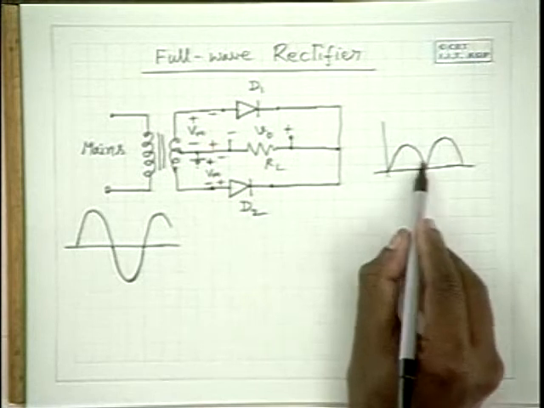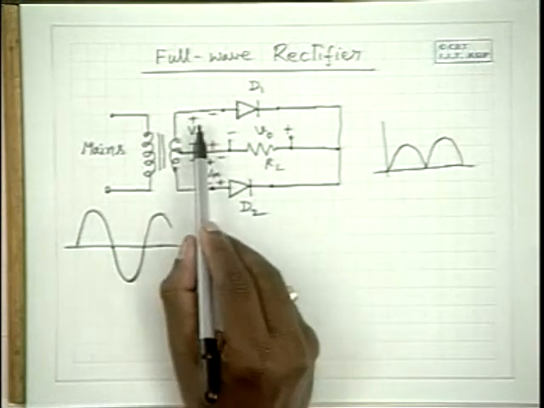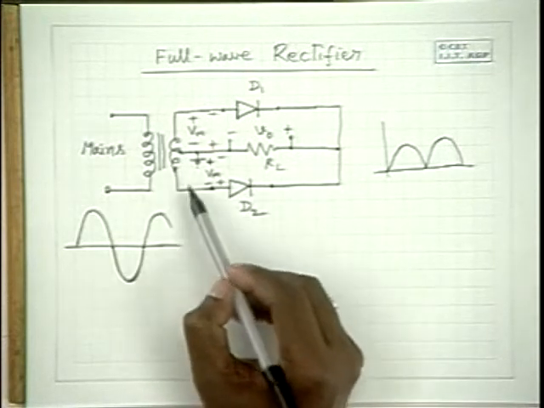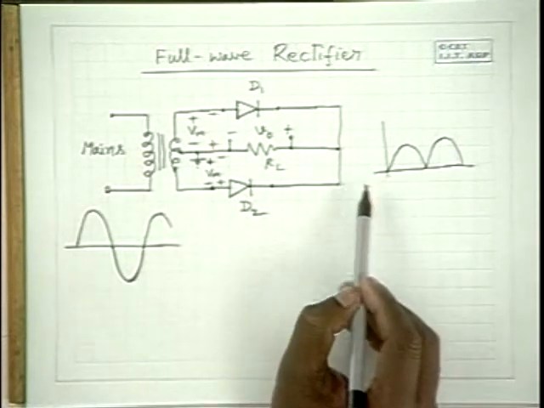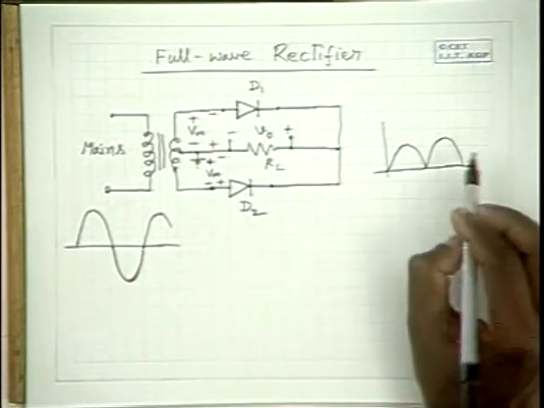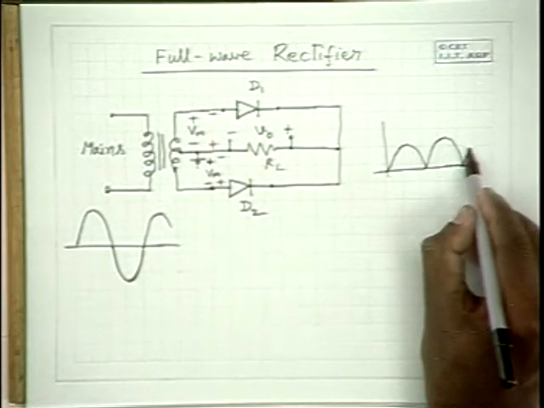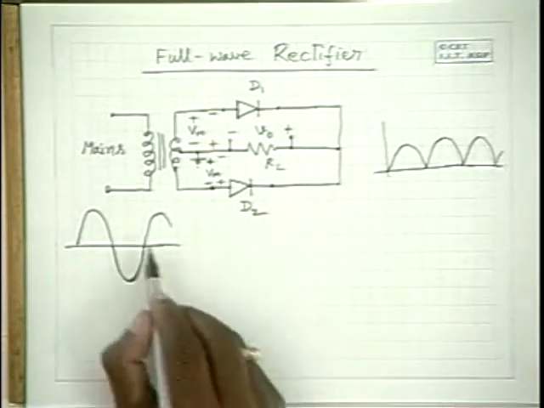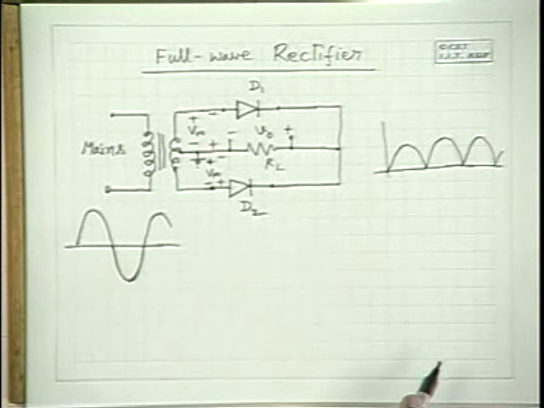The positive half cycle is contributed through diode D1, the negative half cycle is contributed through diode D2, but both appear in the same direction across the load resistance. Hence, this is the kind of output voltage you get across the load resistance.